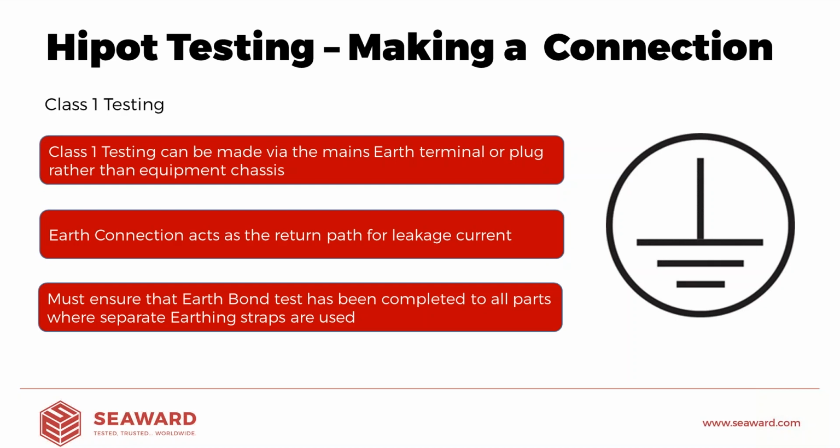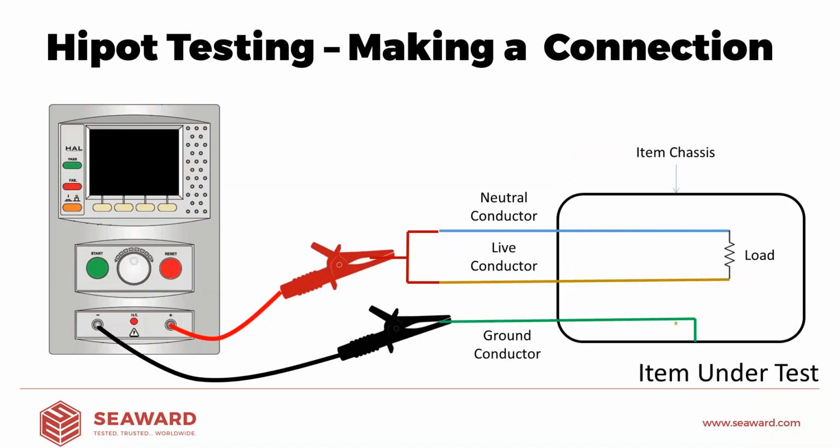So what we want to happen is that anywhere on the product, if there is any current flow, any of those earth bond straps are doing their job, picking up that leakage current and flowing it all the way back, ultimately into the return terminal of the tester. So if you do have an earth product and you are doing Hipot testing, you can do the traditional method of putting a probe on, or we can use the earth clip, providing that we've performed earth bond tests prior to the Hipot test.